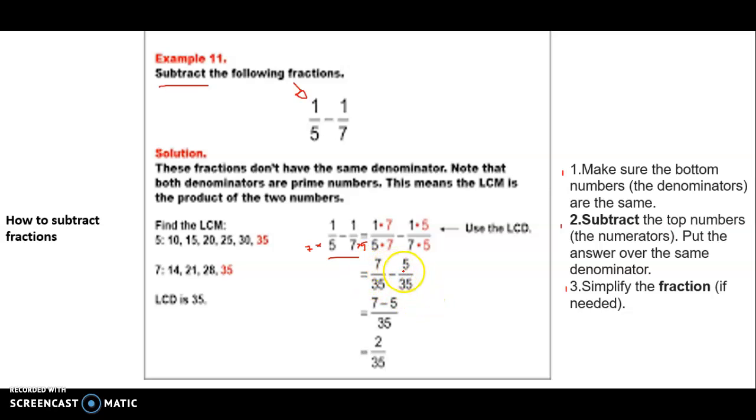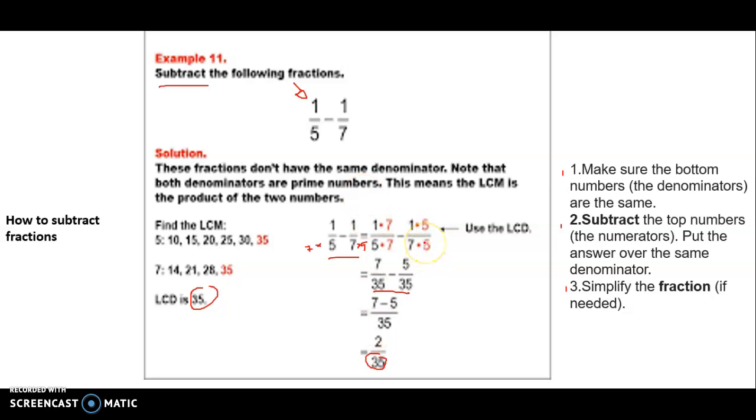Now we convert them to the same denominator, and then we only subtract the tops, so it's going to be 7 minus 5, which is equal to 2, and the denominator is 35.